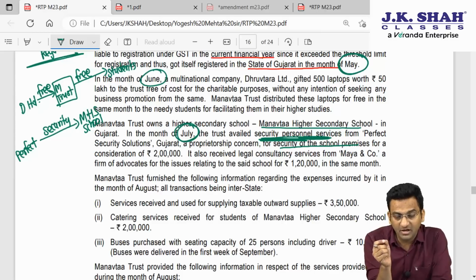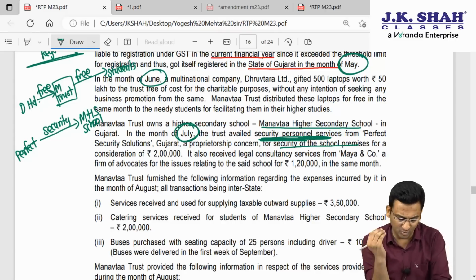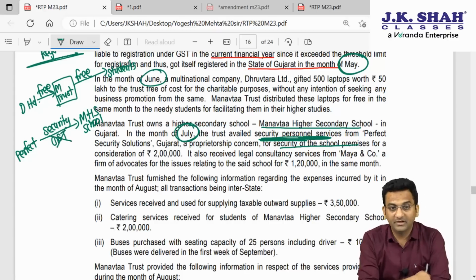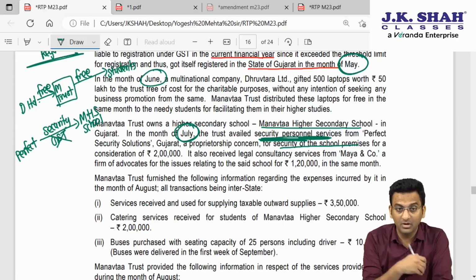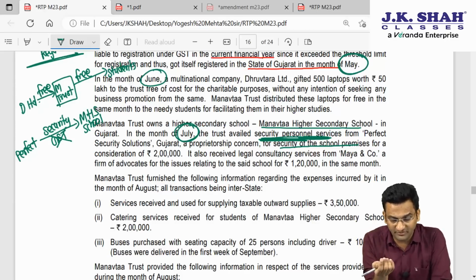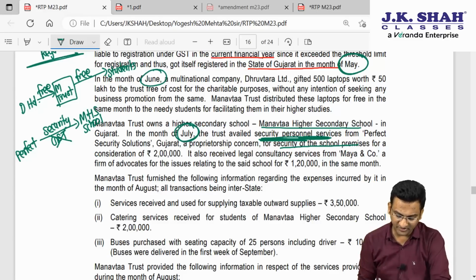But however, if you also do remember, there is an exemption. If transportation services, catering services and security services are provided to any school up to HSC, up to Higher Secondary School, then such services are exempt. Correct? No RCM is applicable here. Otherwise you would think that RCM is applicable. No. Educational services. Correct, friends? It was inward supply to the educational institution: transportation, catering and security services.